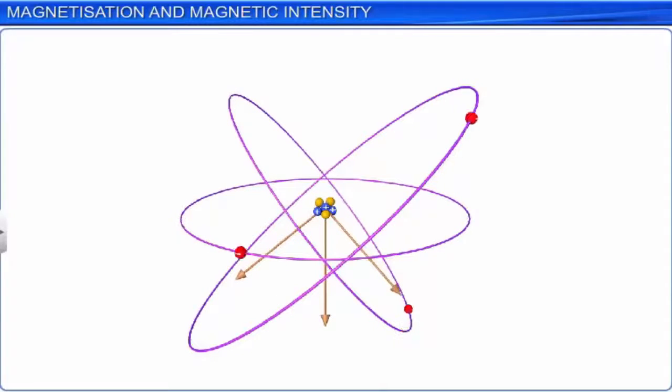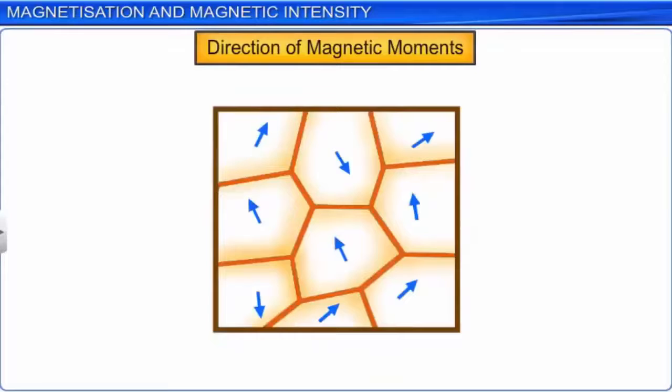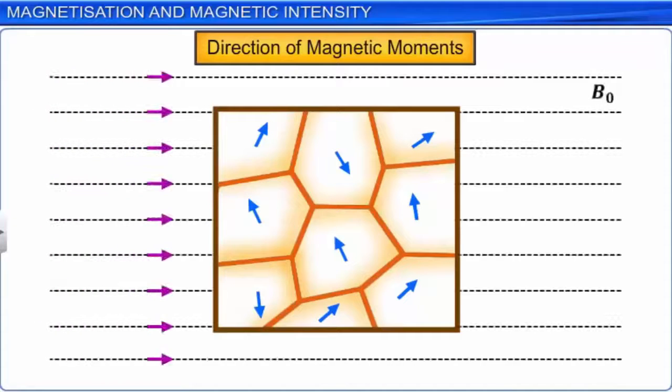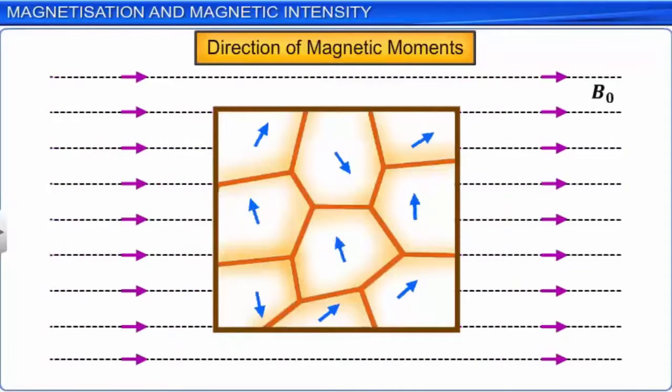Here, the magnetic moments of these atoms in an object are randomly oriented and their net magnetic moment is 0. When the object is placed in an external magnetic field, the magnetic moments of the atoms are aligned partially or completely in the direction of the applied magnetic field. Then, the net magnetic moment of the object is in the direction of the external magnetic field.